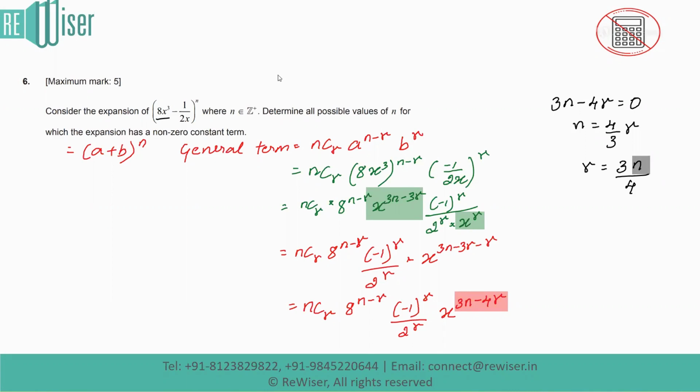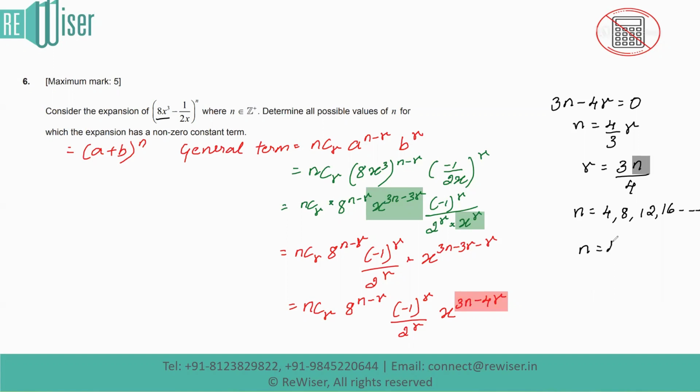So n should be either 4 or 8 or 12 or 16, and it goes on. These are the possible values of n. n cannot be 2, n cannot be 5, n cannot be 6, because if I put n as 6 here and simplify, I'll get a fractional answer, which is not an integer.